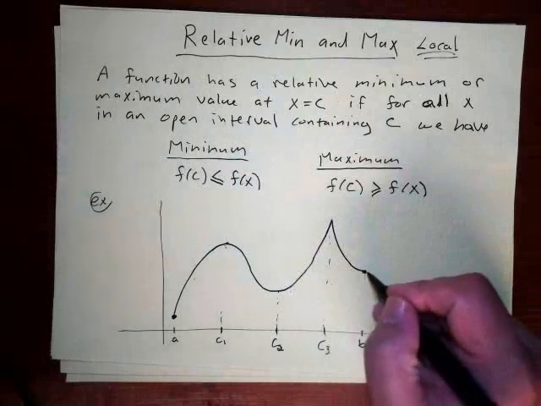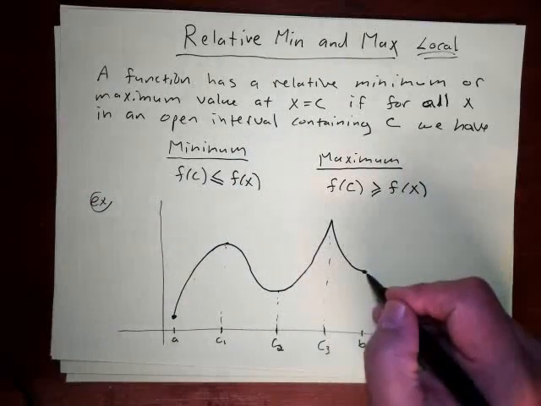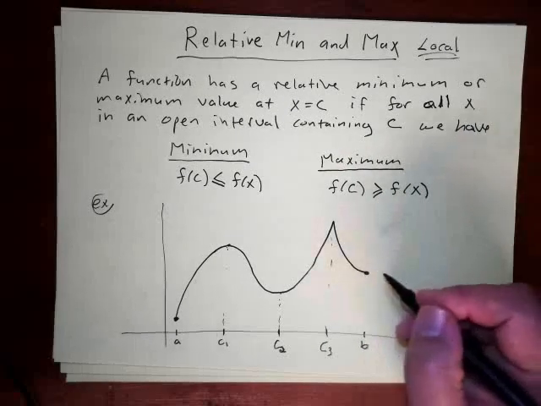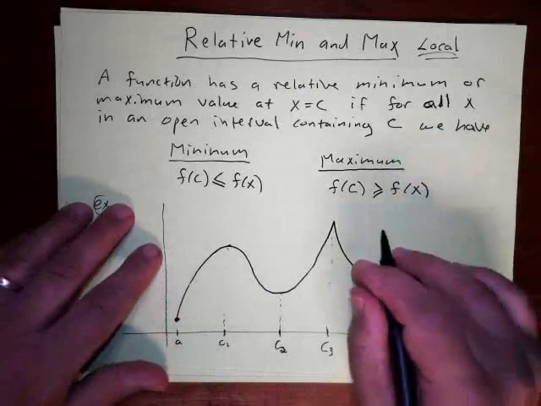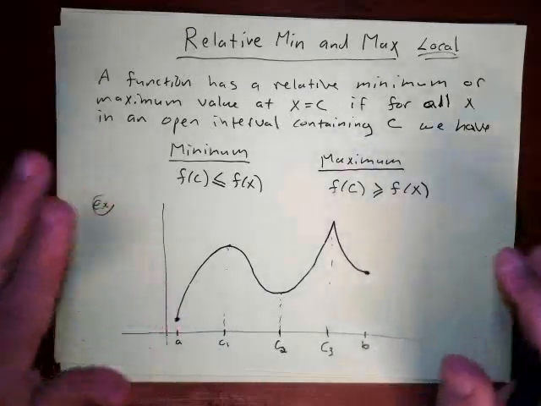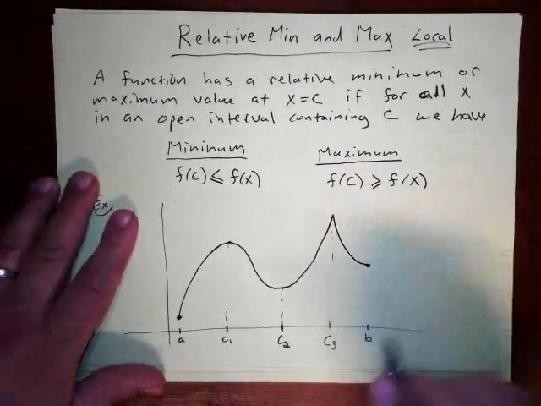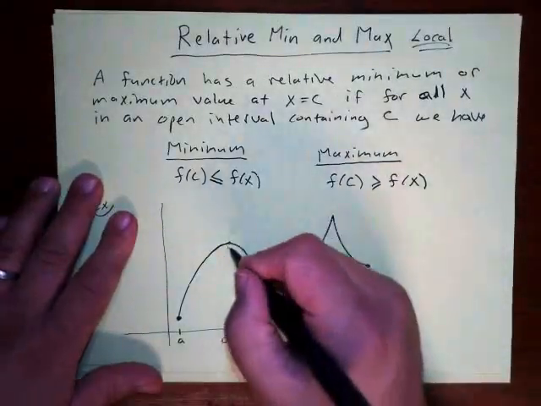And this, you could think of this as a local minimum value, okay, at the endpoints, if you wanted to, but normally we just think of those as the endpoints. So, what can we tell? Where do these relative extrema occur?